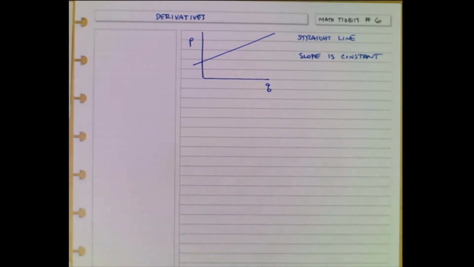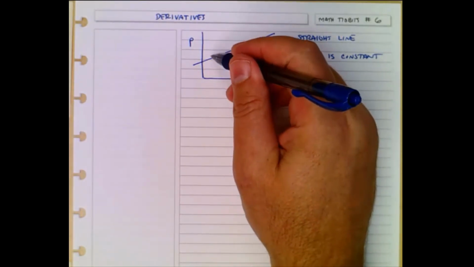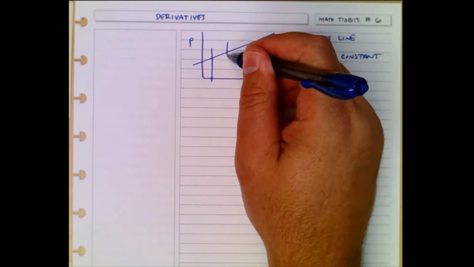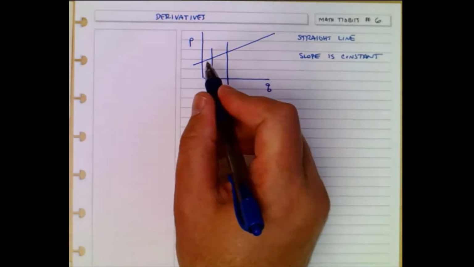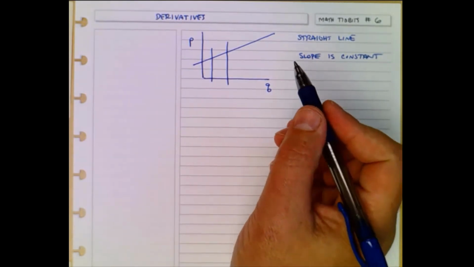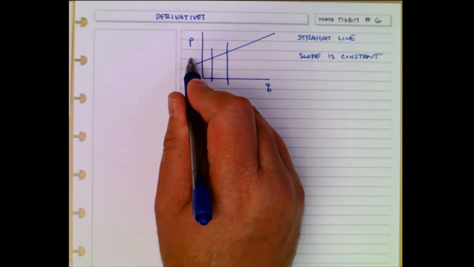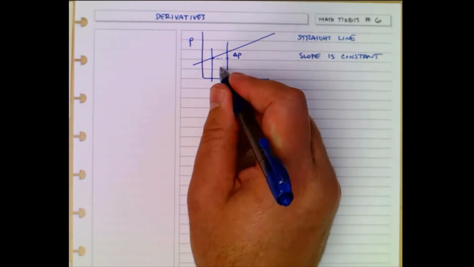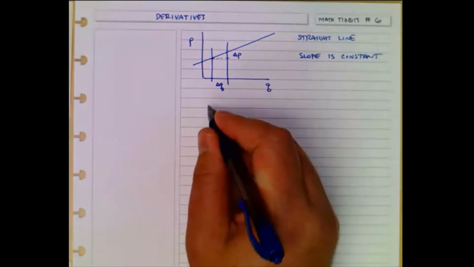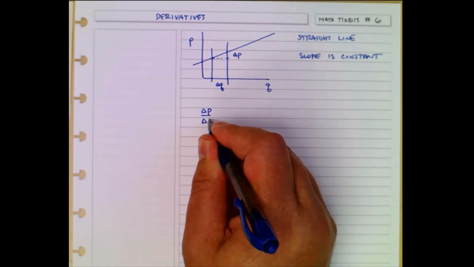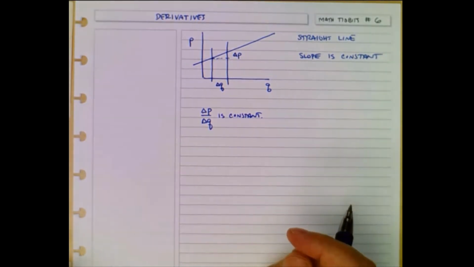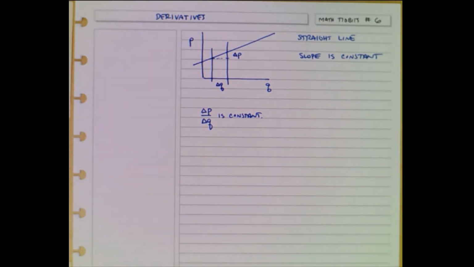Okay, so if I take any finite interval, let's say from there to there, then given a linear relationship, I will expect that the rise delta p over the run delta q is a constant. Okay, that's what it means for these two variables to be related in a linear fashion.